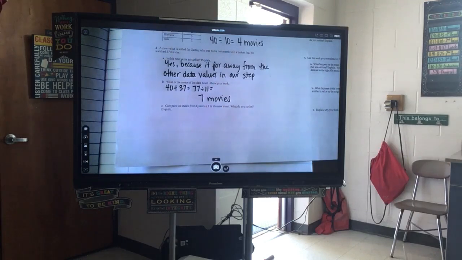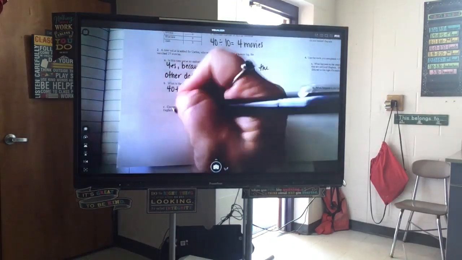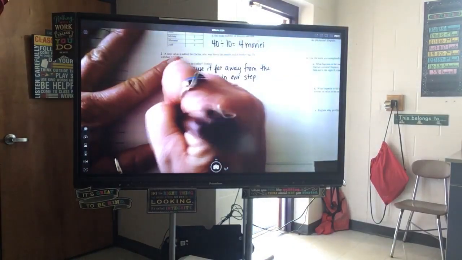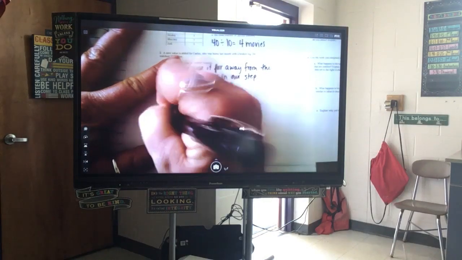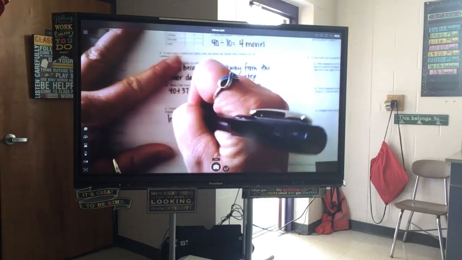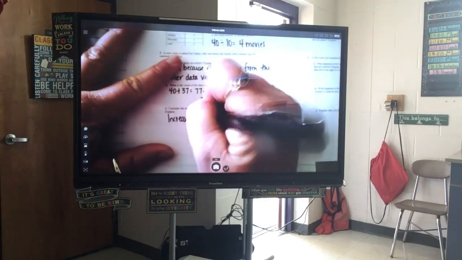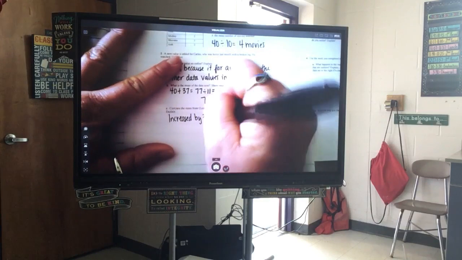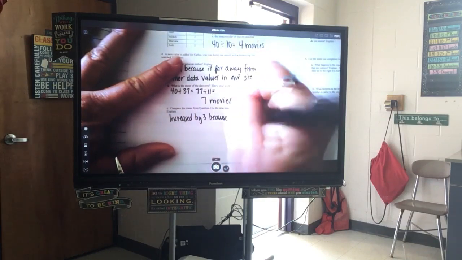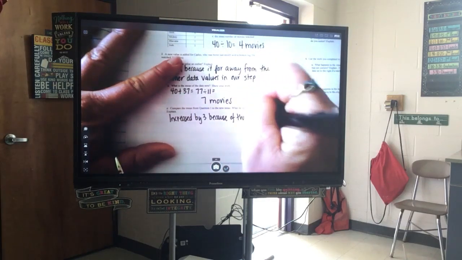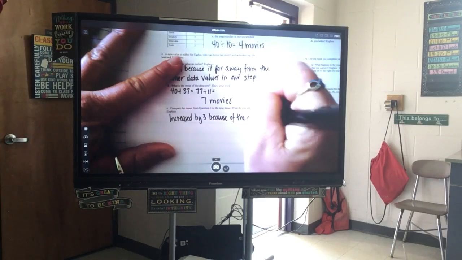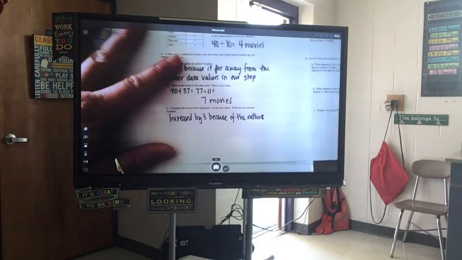So what did we notice about the mean? What happened to it? What happened to it, Jack? The mean increased with the outlier. So it increased. How much did it increase by? 33. Okay. What else did you notice?